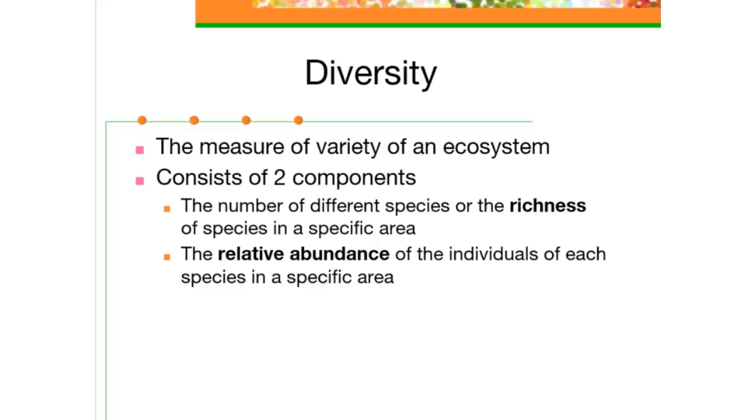Now diversity is really important too. That's looking at the abundance and the richness of the species in a specific area. And we're going to be using Simpson's diversity index to look at that. Essentially, Simpson's diversity index calculates the chance of, if you pick out 2 random individuals, what's the chance that they're going to be the same species or different?